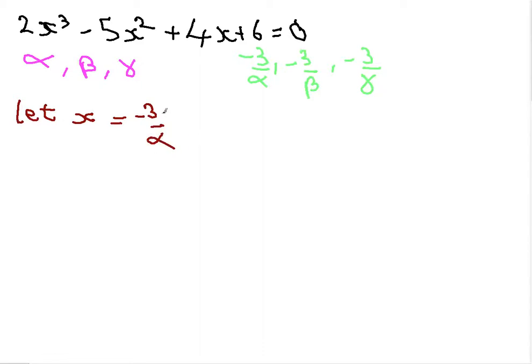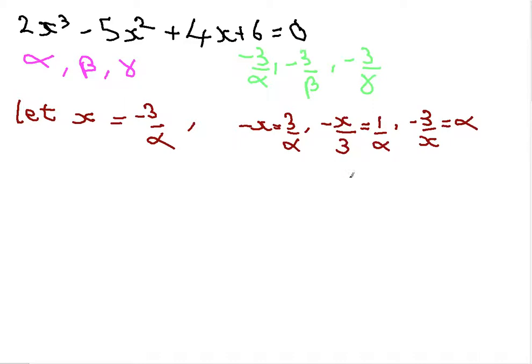Manipulate it so that you get alpha on this side, therefore minus x equals 3 over alpha, minus x over 3 equals 1 over alpha, minus 3 over x equals alpha.